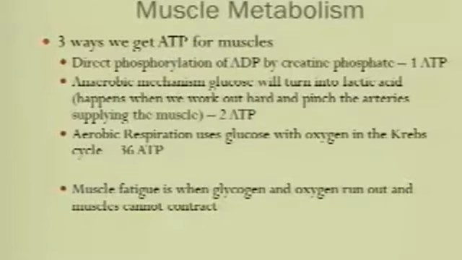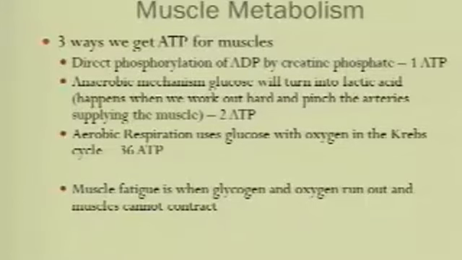This is used especially with sprinters. A sprinter's muscles clamp down so hard that they block the blood supply. And of course, our blood supply is where oxygen comes from.